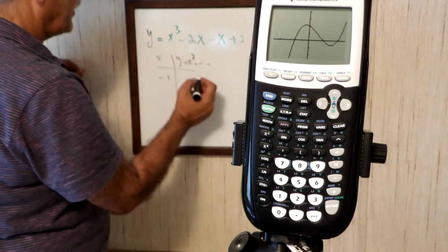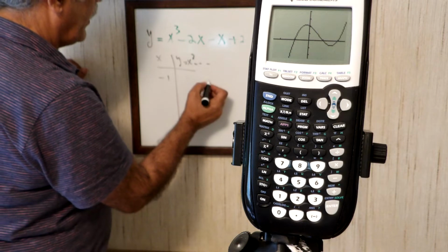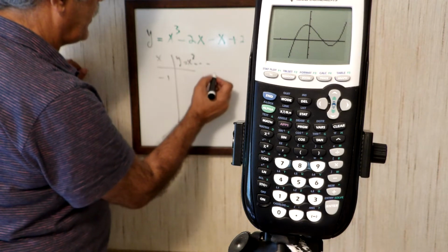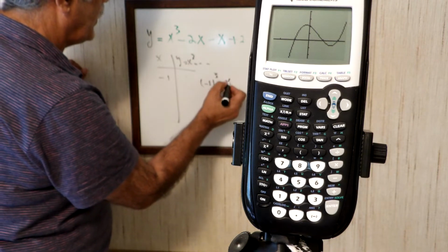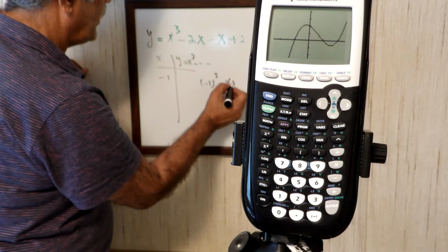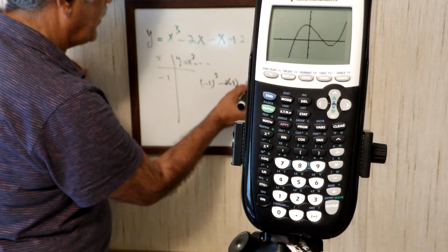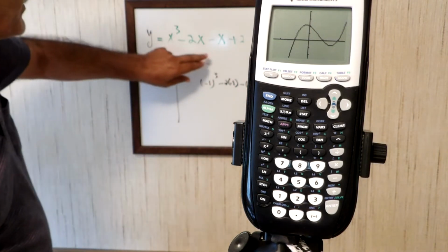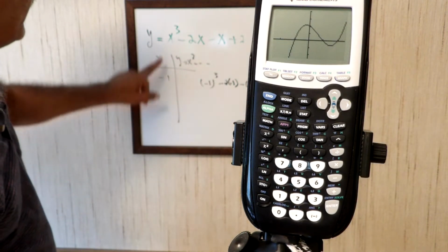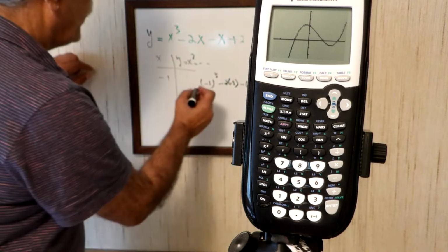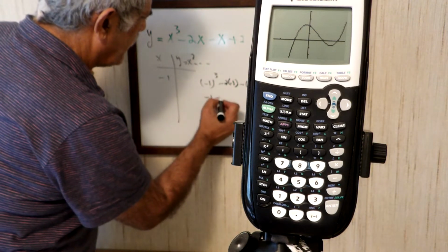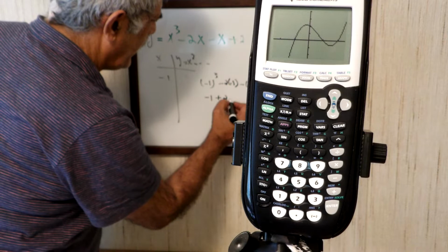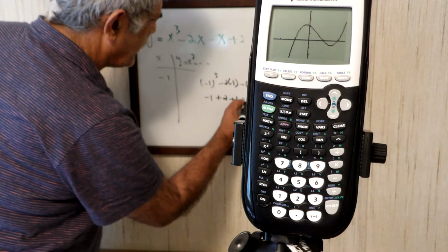Let's find this at -1: -1 to the power of 3 minus 2 times -1 minus -1 plus 2. Instead of x we put -1, and it's going to be -1 here, +2 here, +1 here and +2 here.